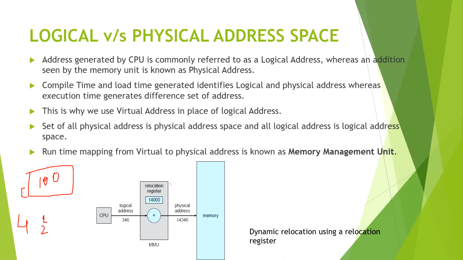Here you can see that the relocation register is 14,000. Let's say the memory starts at 0 and the relocation register is 14,000. For the logical address 346, we simply add 346 to 14,000, and we get 14,346 as the physical address, in comparison to the logical address which was just 346.